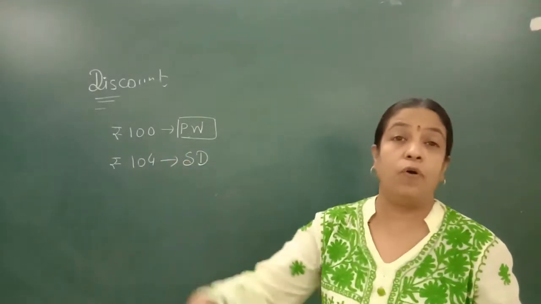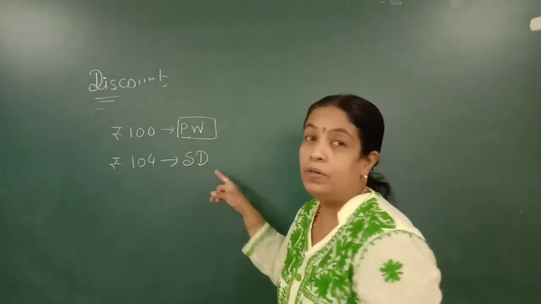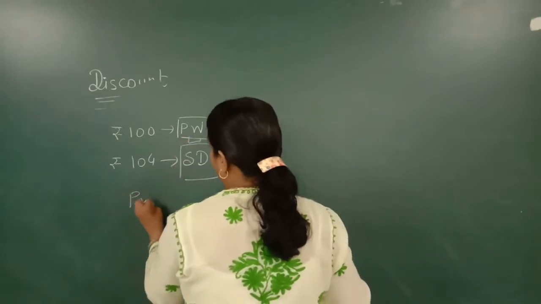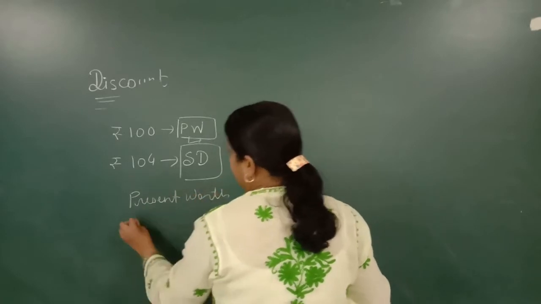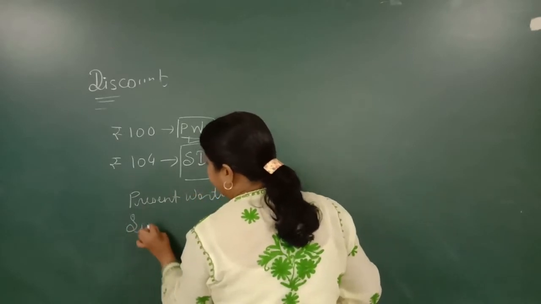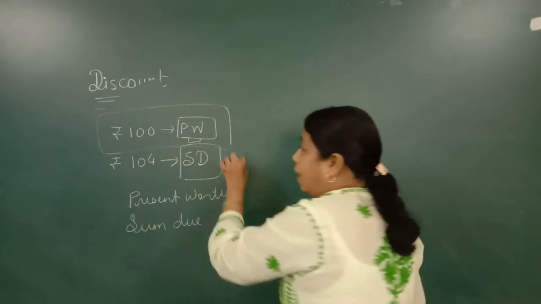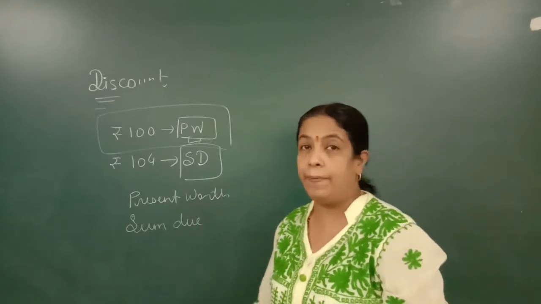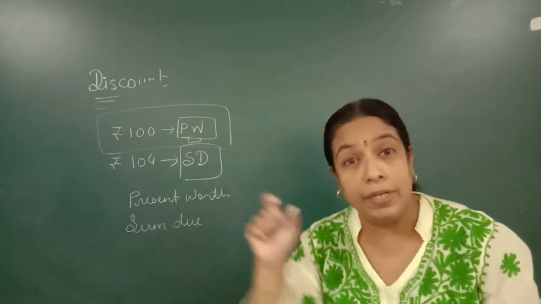Means after 4 months whatever sum you are going to pay, this is the sum due. This is present worth. PW stands for present worth and SD stands for sum due. Means today's worth is 100 rupees. If you pay today it is 100 rupees, but after 4 months if you are paying it will be 104 sum due. Means how much you owe.